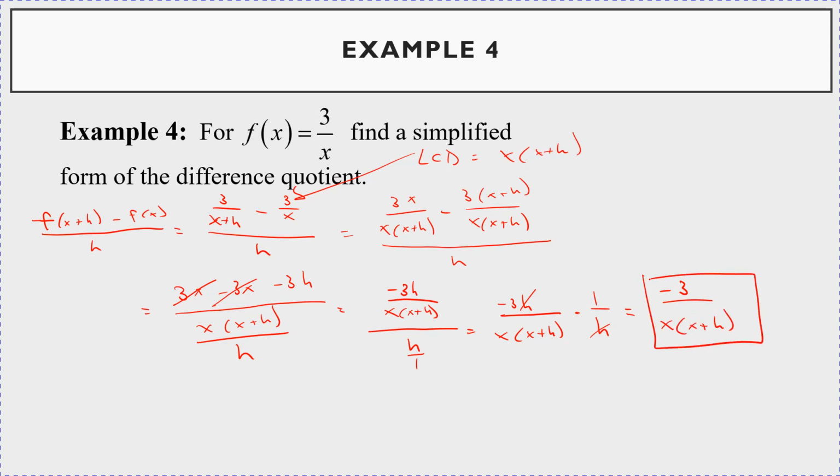And this right here is the simplified difference quotient for this function f of x is equal to 3 over x. So now you can just give me the x value and tell me the h, and I can tell you the average rate of change for that x value and for that h, which is delta x.